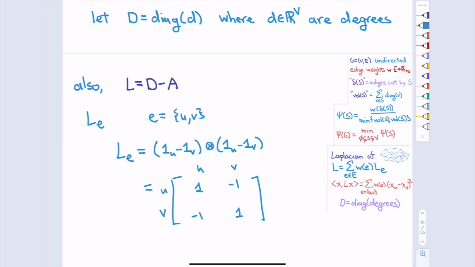The ones give you the diagonal, the degree, for just one edge, and the -1 is the adjacency of just that one edge. So that verifies L equals D minus A for one edge, and now in general L is a sum of edges, and you get a sum of D's and a sum of A's. Okay, that'll be convenient.